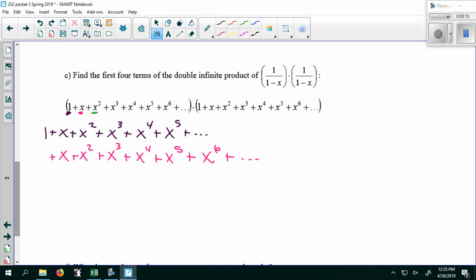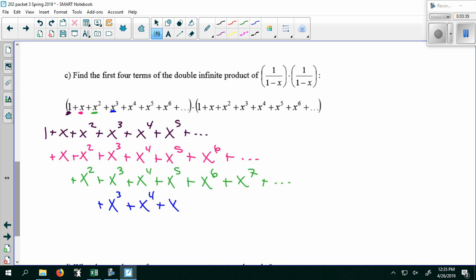So x squared times 1 is x squared, x squared times x is x cubed. Okay, and then I'm going to distribute my x cubed. X cubed times 1 is x cubed. X cubed times x is x to the 4th.